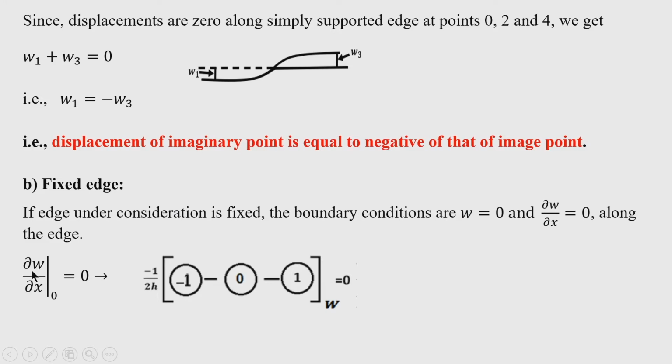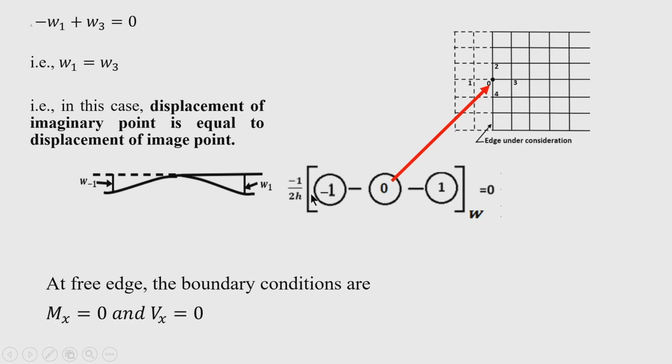Here, del W by del x equal to 0, if I write this in stencil form, I can express it as minus 1, 0, minus 1 and W. That stencil we have already got earlier. So, now this stencil is put here.